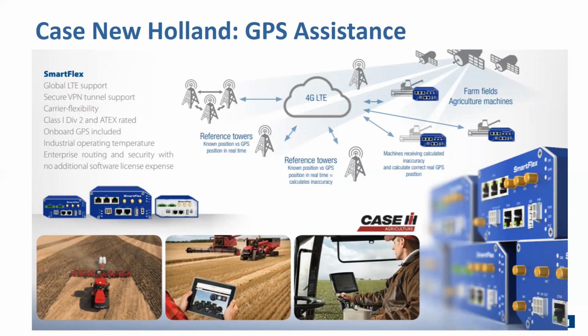I mean, you can do turn-by-turn directions, but to get row-by-row accuracy measured in inches, not just feet, you need to augment this. And so what this does is provide more accurate coordinates for the GPS computers that are used on the harvesters, combines and tractors.